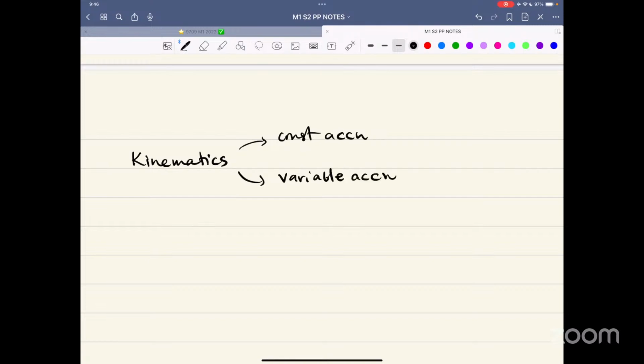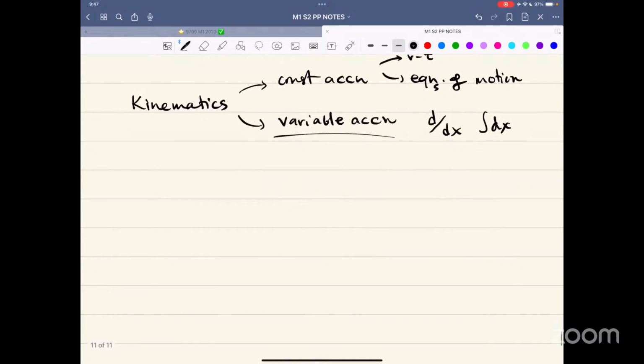The constant acceleration portion can be done based upon VT graphs, or based upon equations of motion. And the variable acceleration is about differentiation and integration.